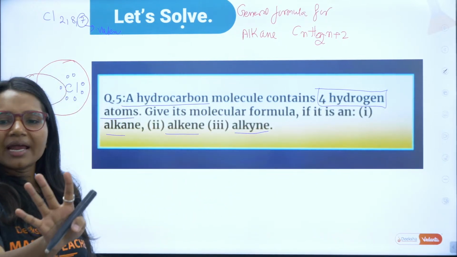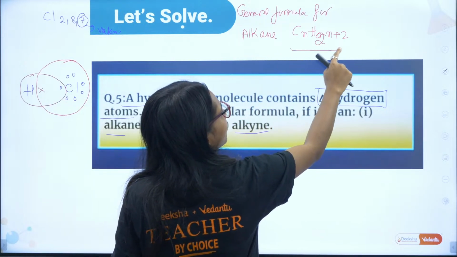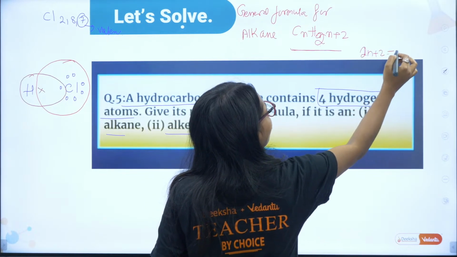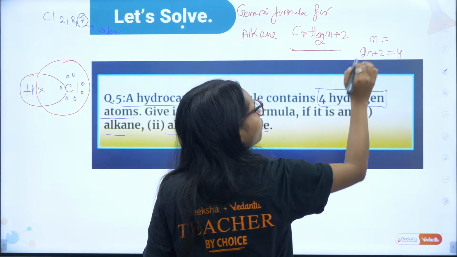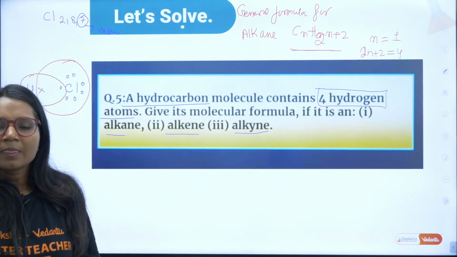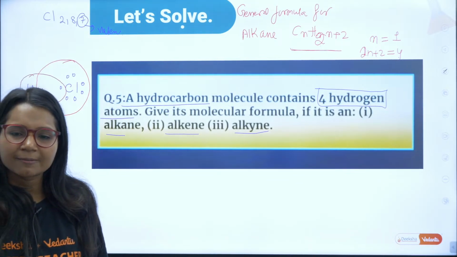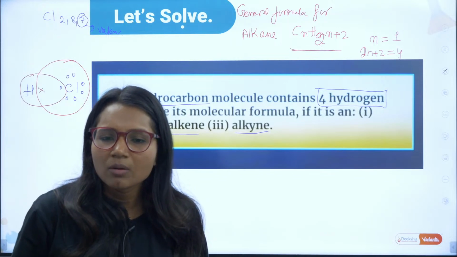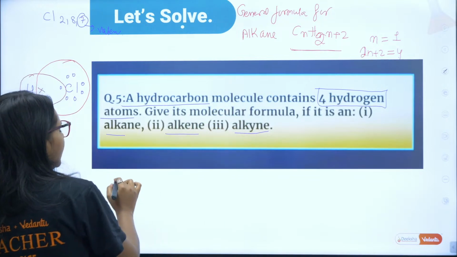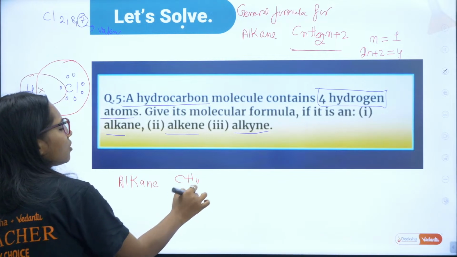So if there are 4 hydrogen, here 2n+2 is equal to 4. So the n value will become what? The n value will become 1. Understood, guys? If you know, that is very nice. Very good, Sumukt. Very good, Mamita. Very good, guys. Superb. So first one, if it is alkane, then the formula here is CH4.